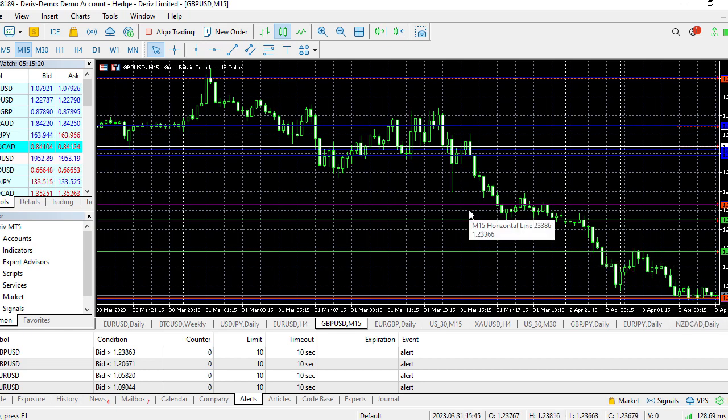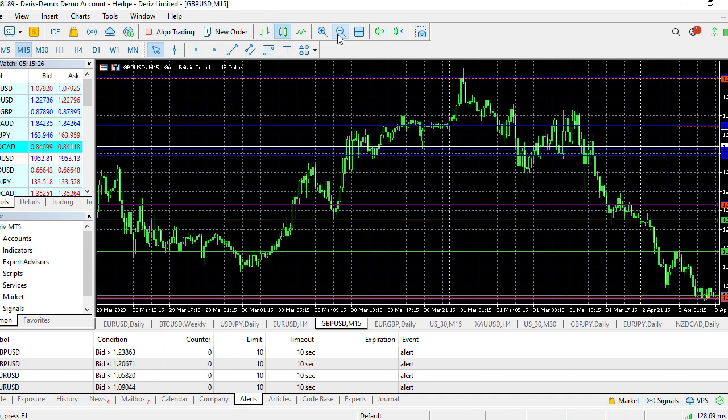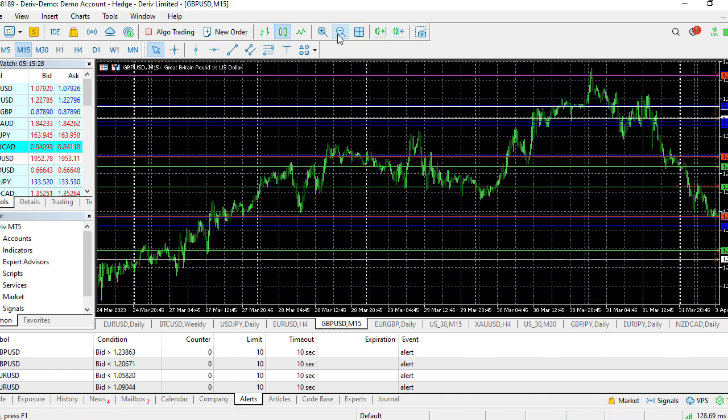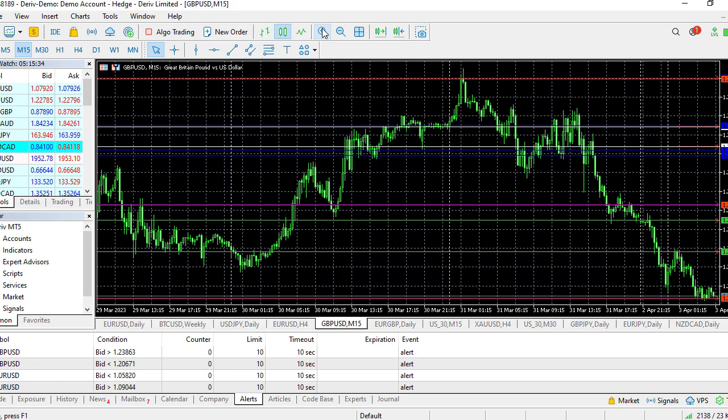Okay. So that's it. We have all the special levels ready on it. Let me zoom out. Is there anyone over that maybe I missed? Not really. Let me just move the chart.